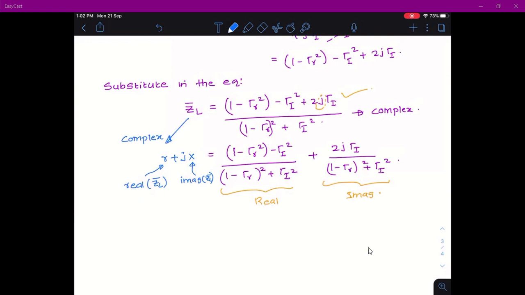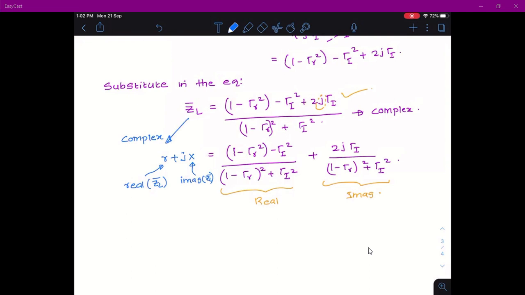So both RHS and LHS have both real and imaginary parts. So you cannot equate a real part to an imaginary part, or an imaginary part to a real part. Okay, so for equating you should always equate between real parts and between imaginary parts. Fine.